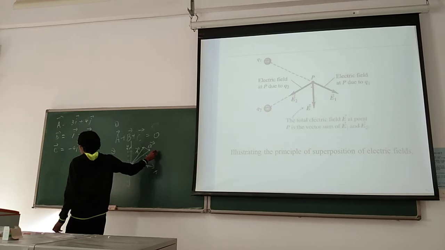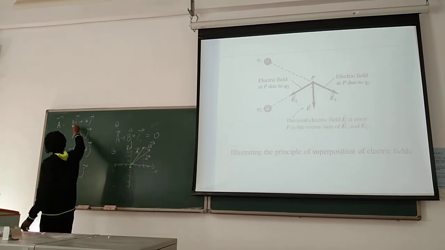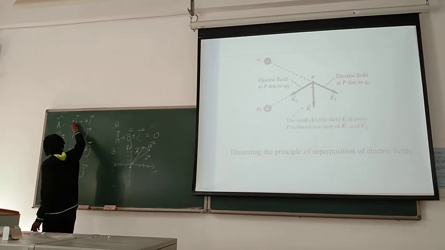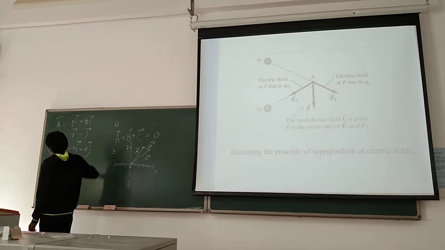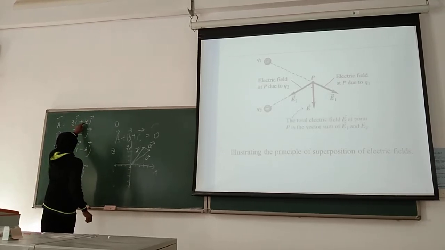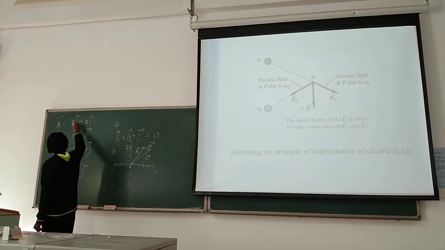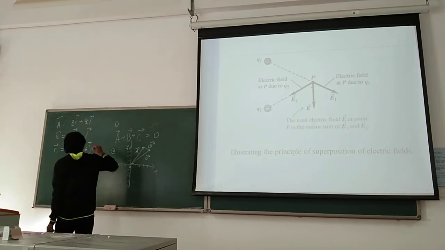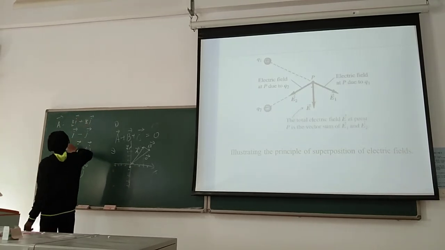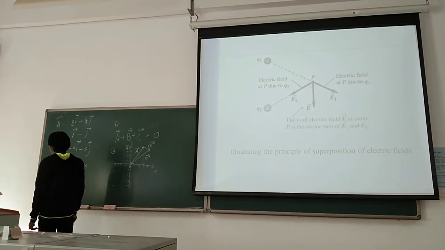As superposition, because they have a bigger number than this one and this one. Because I think we have chosen this one and this one because they have bigger numbers than this one and this one. No matter about that, you can even use this one.